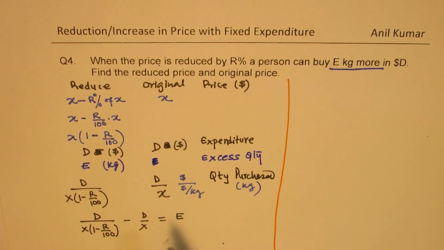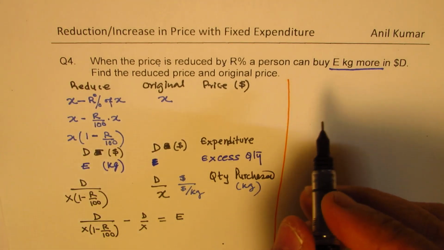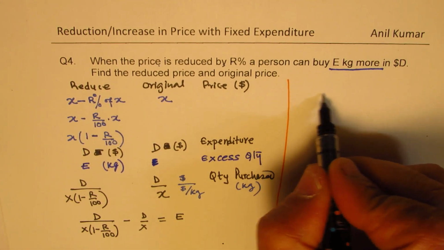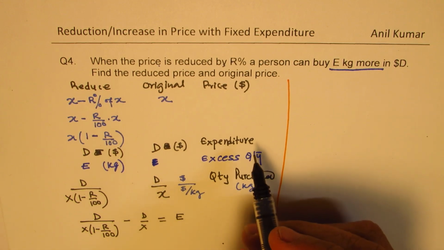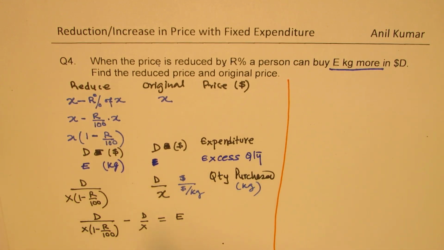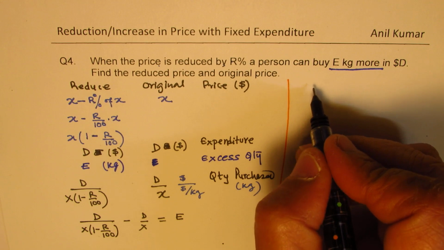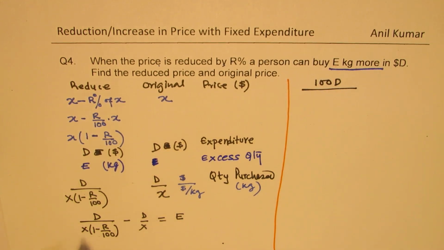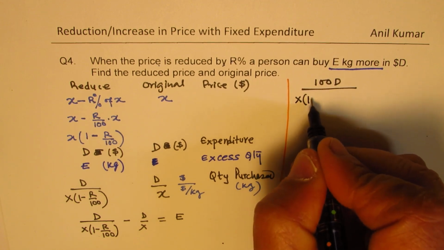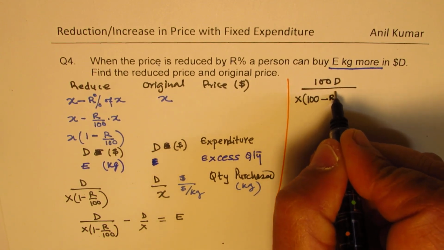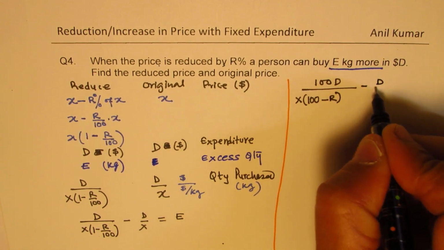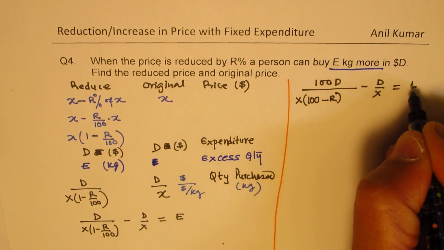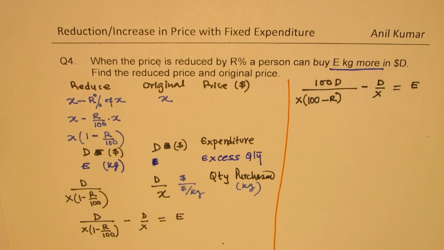Right? We'll take common denominator and isolate E. We can actually just multiply this by 100 and rewrite this. So we have 100 times D over, we have taken the common denominator, so we'd say X times 100 minus R, minus D over X equals the excess quantity E purchased.